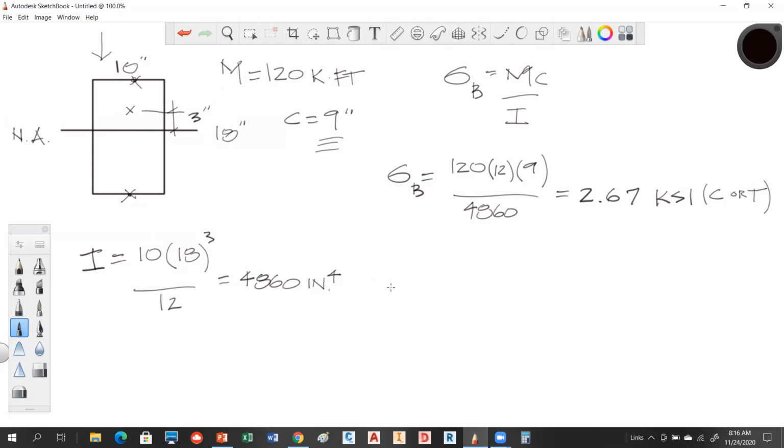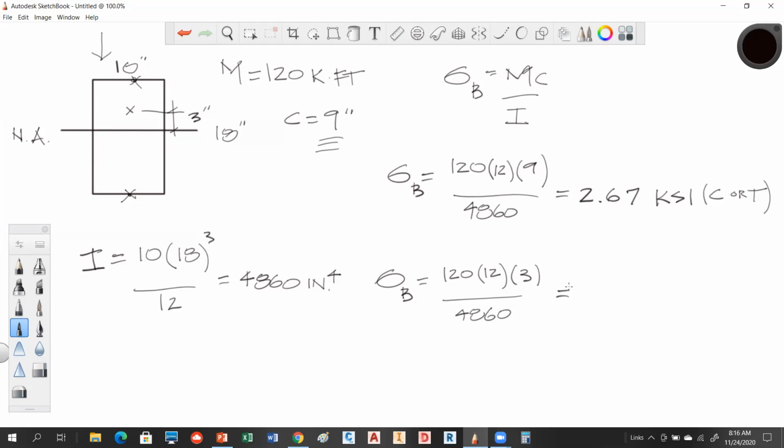it. So this equation just simply would become 120 times 12 times 3 divided by moment of inertia. And what we'll see is it's going to diminish.